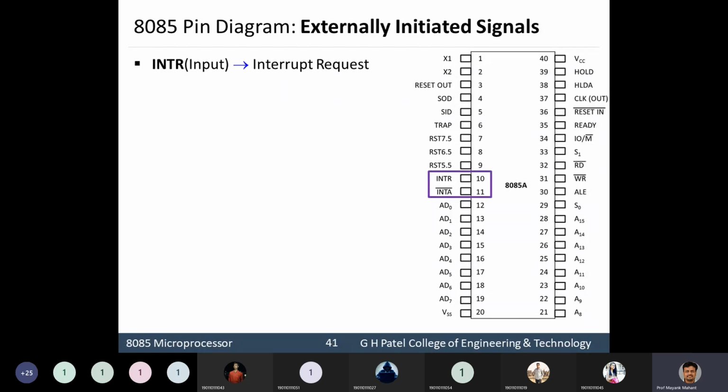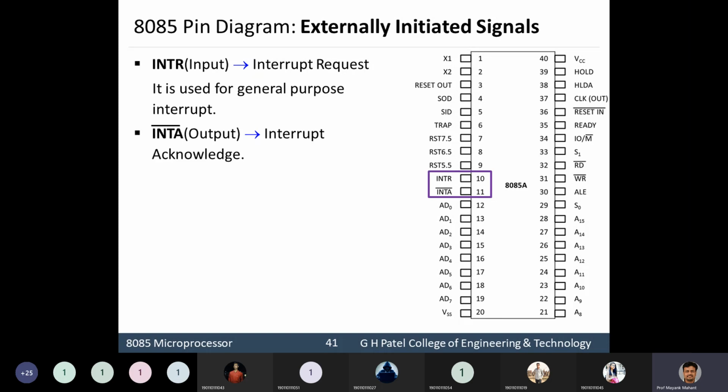Then we have interrupts. One is INTR, which is used for general purpose interrupt. And INTA is interrupt acknowledgement. So what do we mean by acknowledgement? Other interrupts are not acknowledged, but INTR is an acknowledged interrupt.